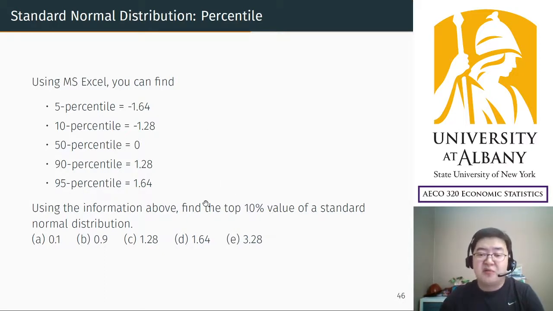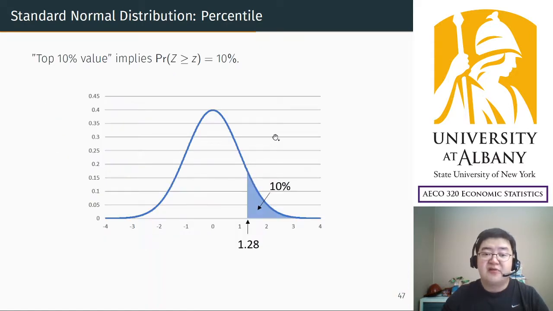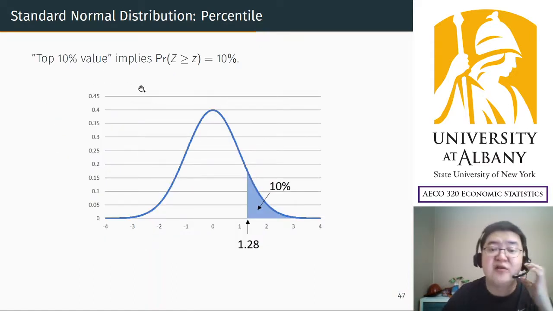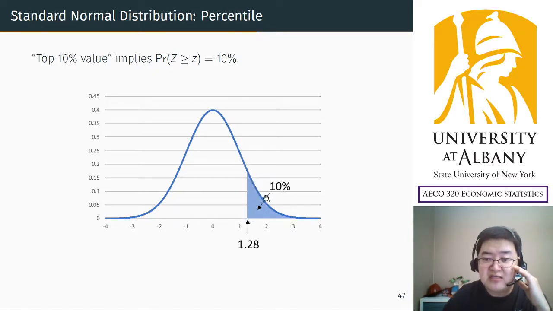From these numbers, we would like to find the top 10% value. What is a top 10% value? The answer is 1.28. Graphically, the top 10% value is this point, the point that makes the area equal to 10%.